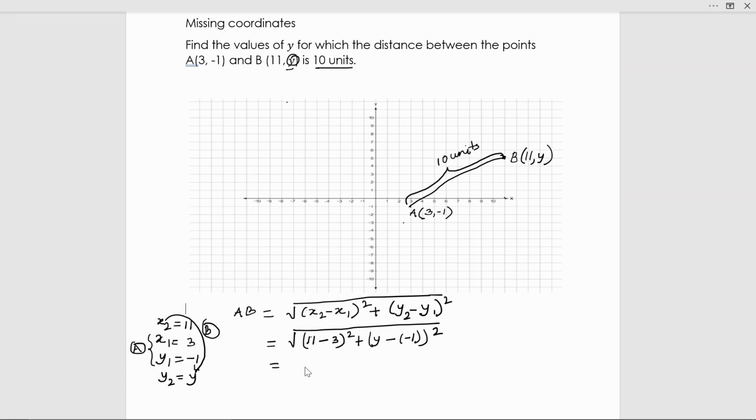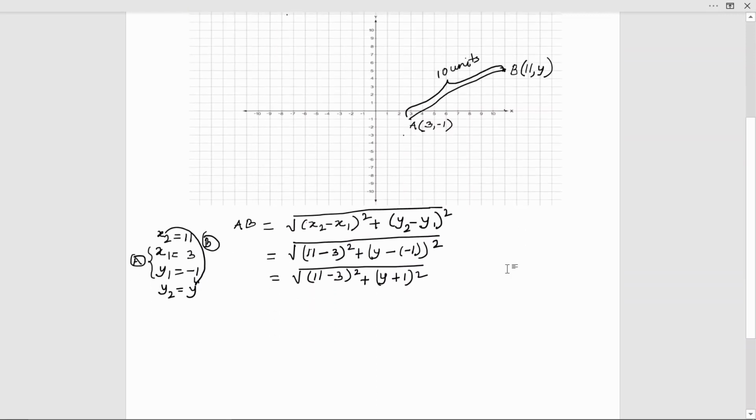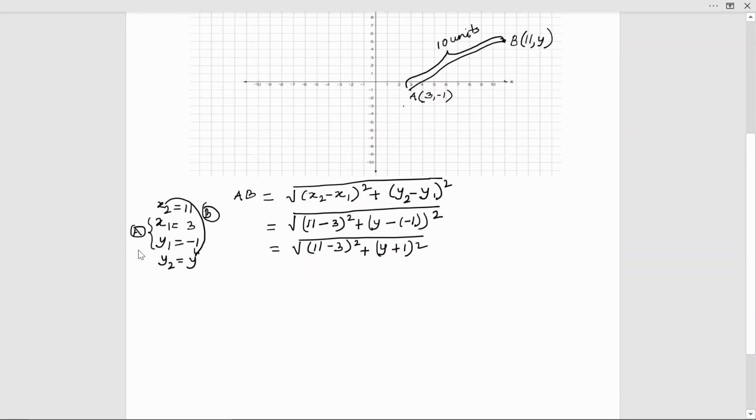Therefore we get (11 minus 3) squared plus (Y minus minus 1, which gives +1) squared. And as per the problem, it is given that this distance AB is 10 units.